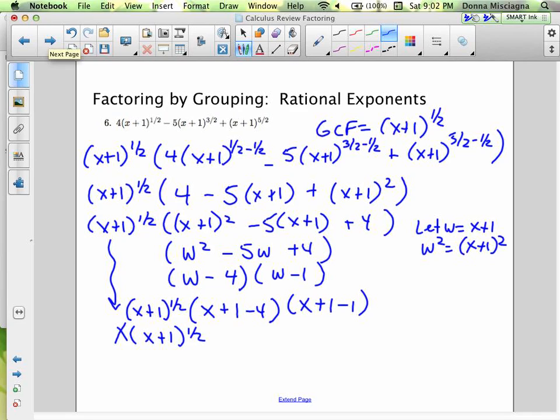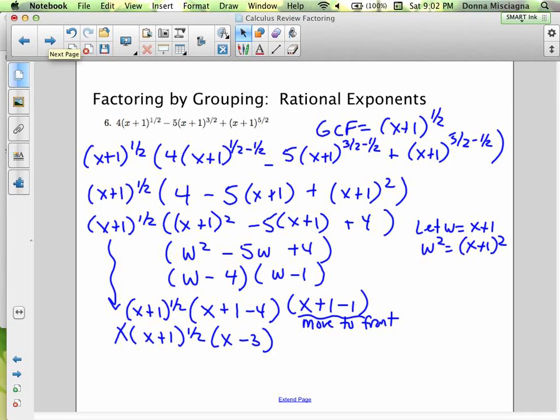Let's just move this one to the front. I mean, there's nothing wrong with the x being at the end. He just looks better in the front. And then this would be x minus 3. And we're done. Right? And see, if this was something you were setting equal to 0 to solve, this would be easy, right? Now it's easy. It's going to be 0, it's going to be negative 1, and it's going to be 3.